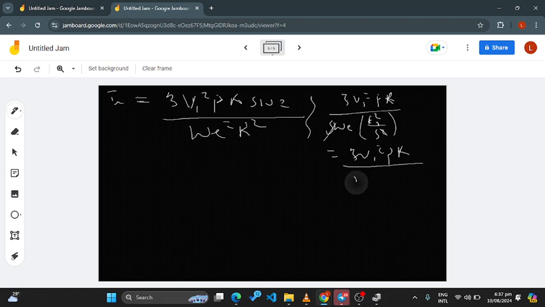If I send this S up, I'm going to get 3v1 squared p times r times S, all divided by omega E r. So if I put omega E over here and I square this, it's the same.